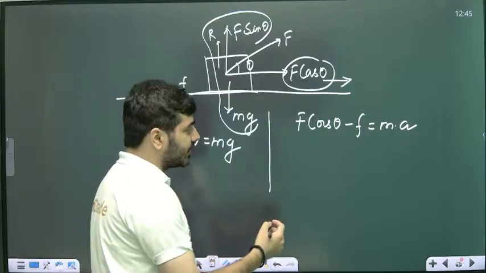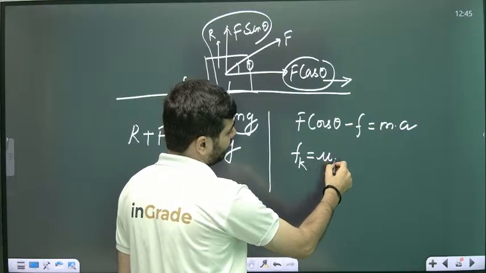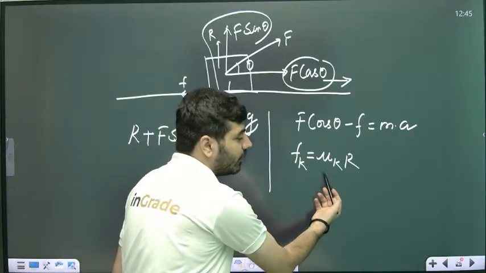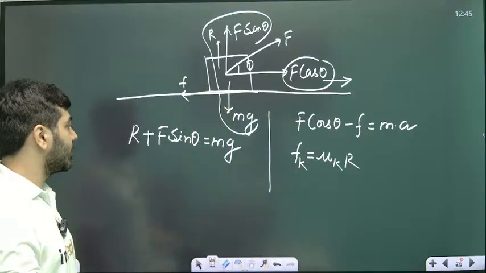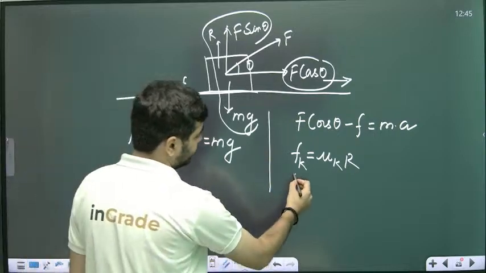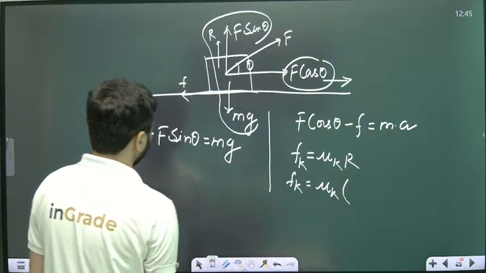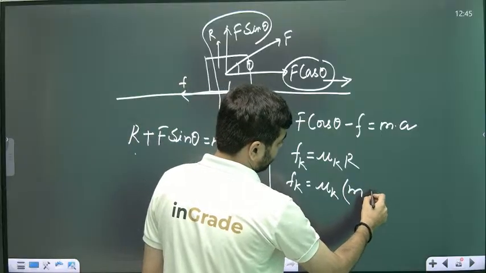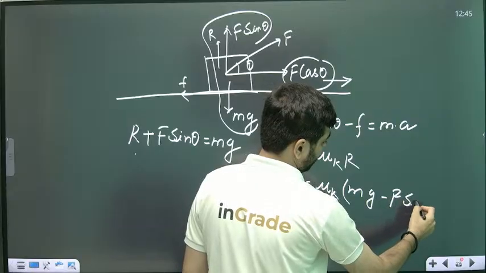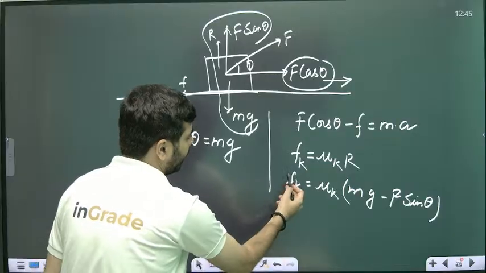If it is dynamic friction, it is already given, Fk equals mu k R, where R is the reaction force and mu k is the coefficient of kinetic friction. Put the value of R in Fk: mu k times (mg minus F sin theta).